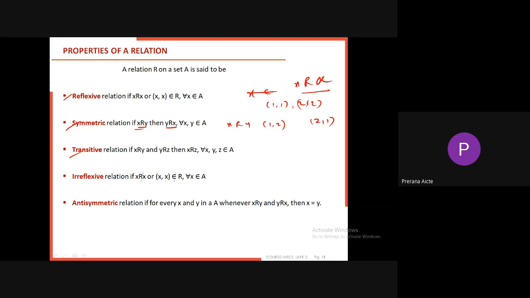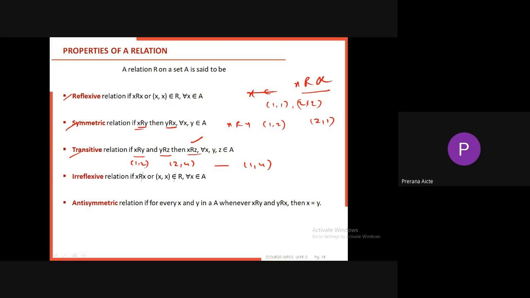Coming to the transitive property, if x is related to y and y is related to z, then x should be related to z. That means this particular ordered pair should exist in the relation. That is, if (1,2) and (2,4) are there, then (1,4) should be present in the relation.